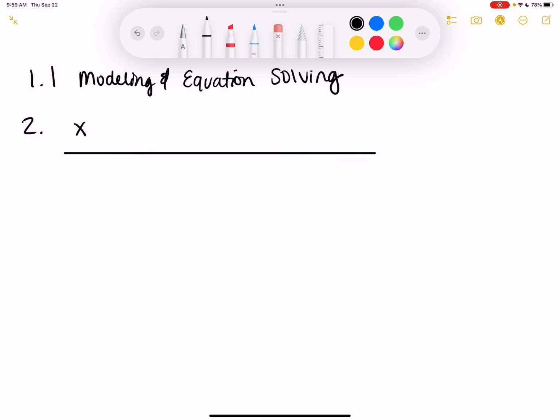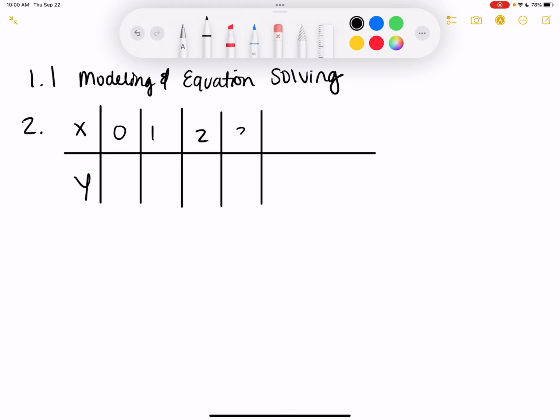It's an XY table. So what we're going to do instead is look at the scatter plot of this data.